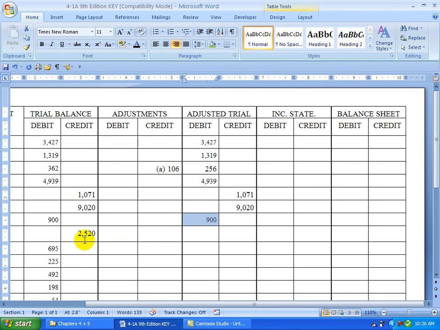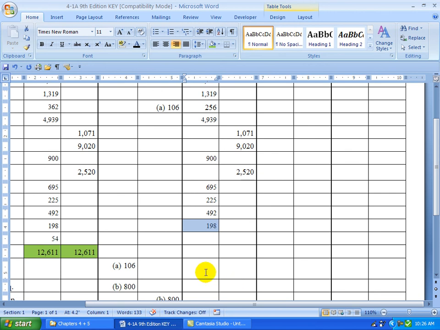The revenue account has not been adjusted, so this 2520 credit is going to be brought over here as a credit. And rent expense has not been adjusted, so this is going to get brought over, as well as travel expense. And supplies expense is brought over, and utilities expense is brought over, and also miscellaneous expense is just transferred over because they haven't been adjusted.